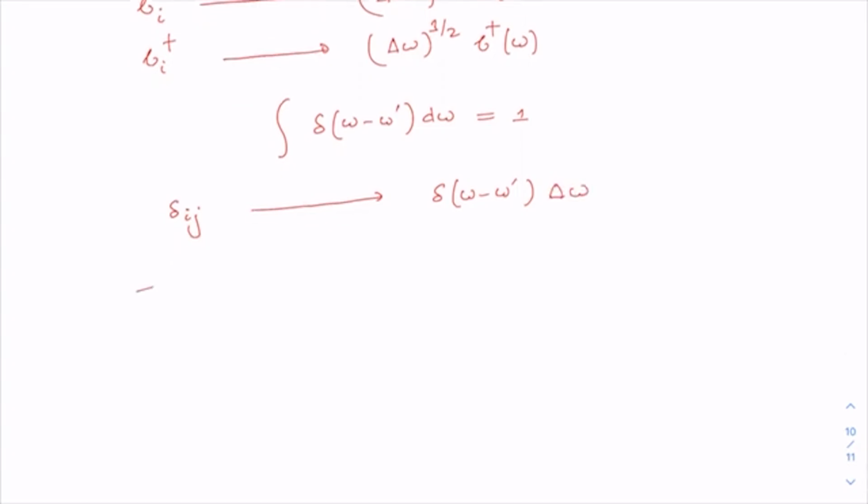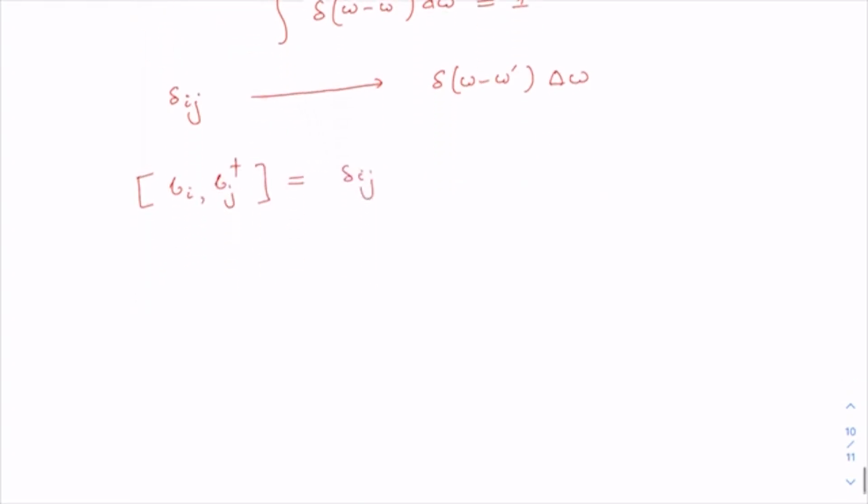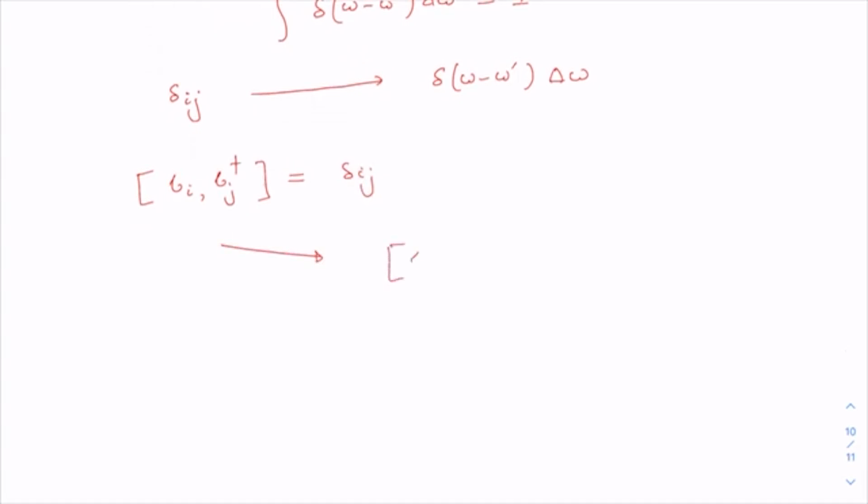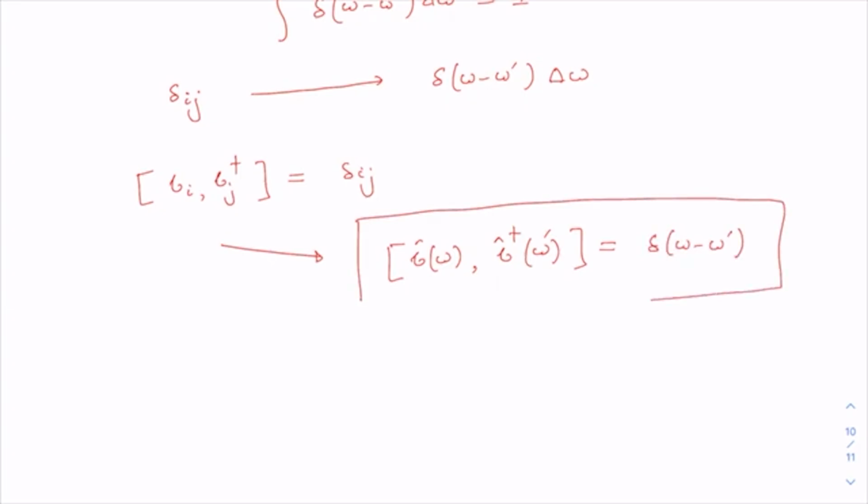So this commutation relation in the discrete space, b_i b_j dagger equal to delta_ij, in the continuum limit would be replaced by b of omega, b dagger of omega dash equal to delta(omega minus omega dash). So these are very important relations.